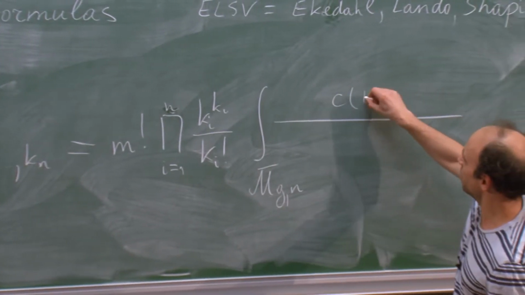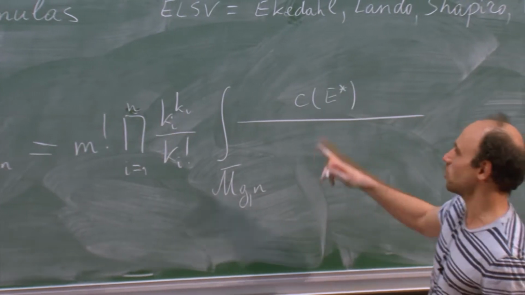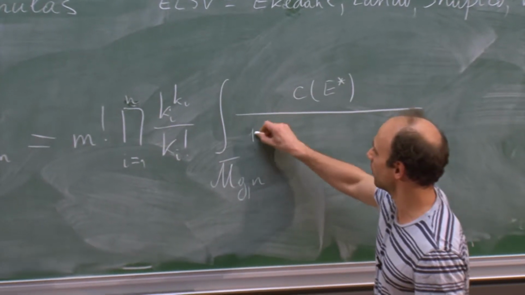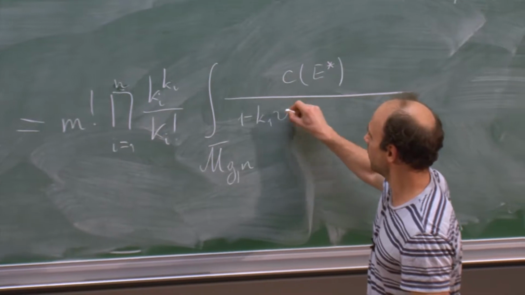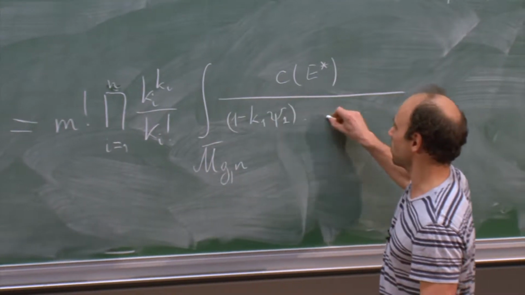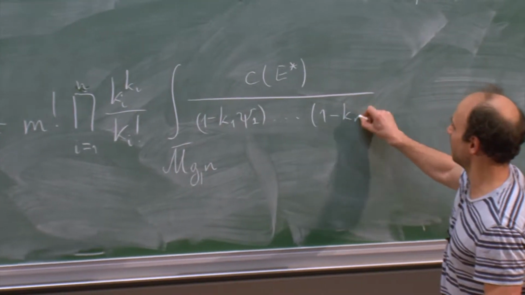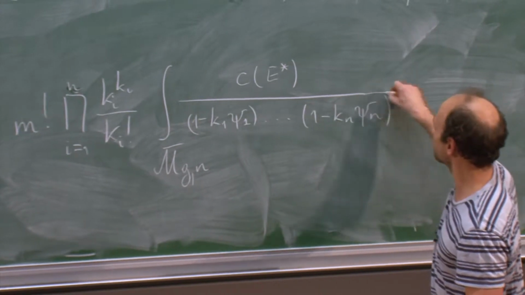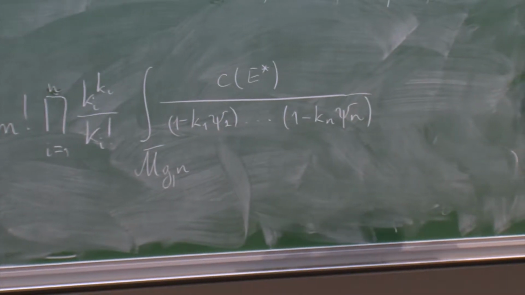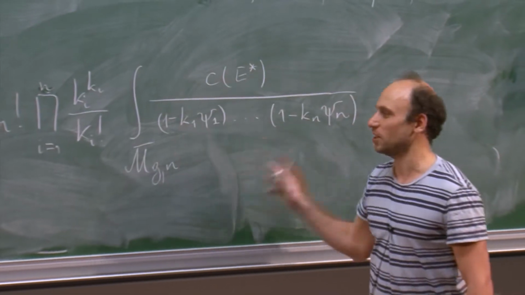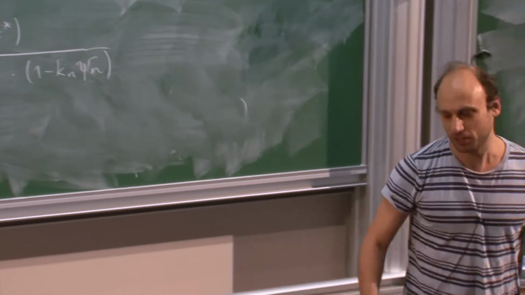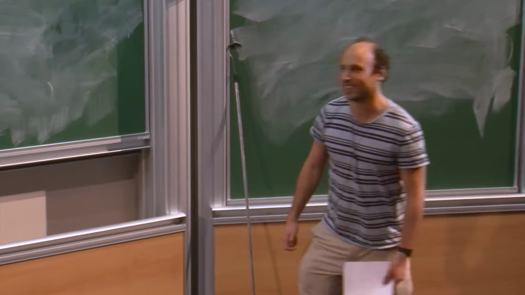Here you have the total Chern class of the dual of the Hodge bundle, again I will explain in a moment, and here you have some expression with psi classes.